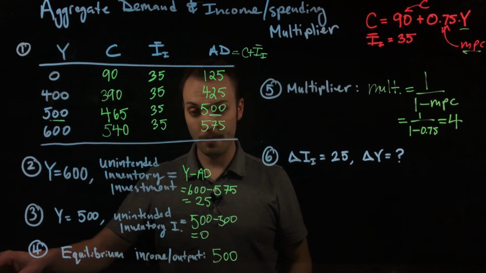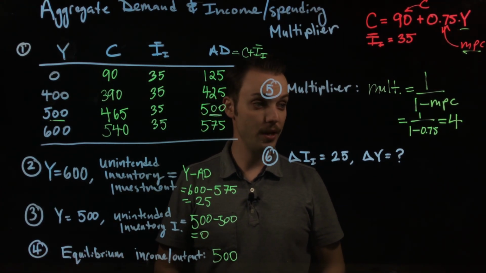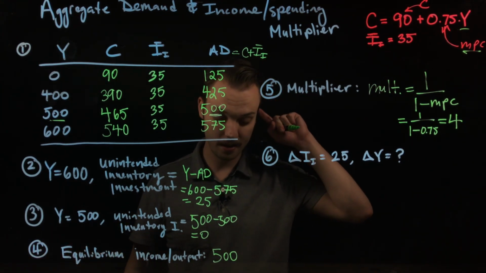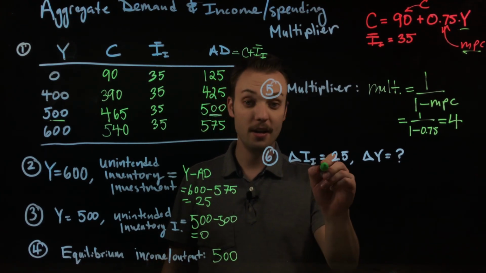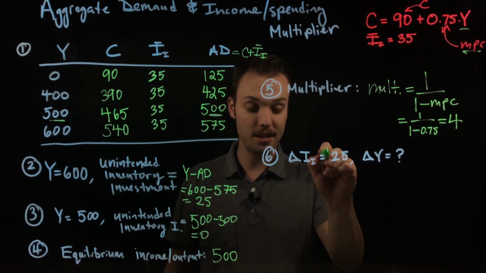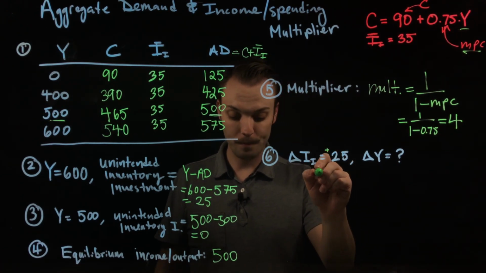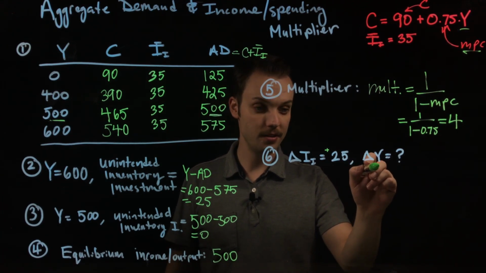So that's going to tell us how much income is going to change if we change some component of aggregate demand. That's what question 6 is asking. If intended investment were to rise by 25, so we have a positive change in intended investment of 25, how much would equilibrium income increase?